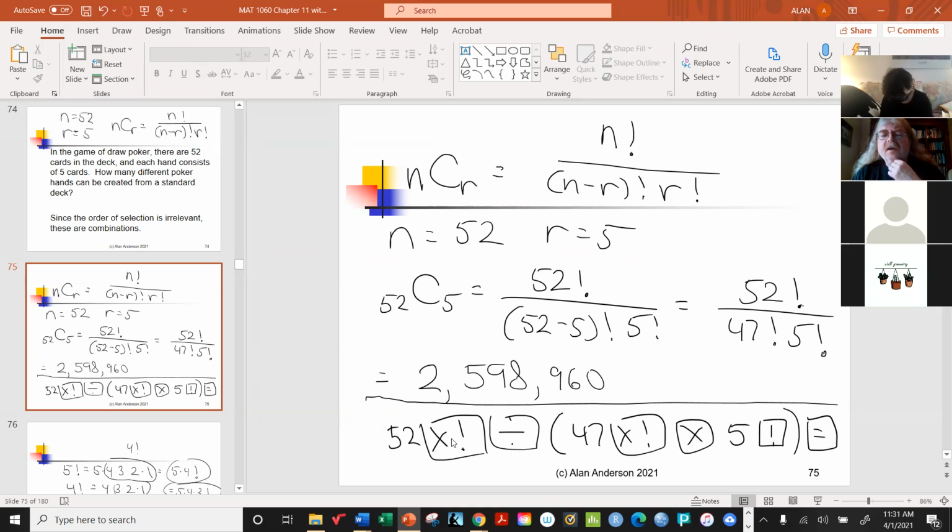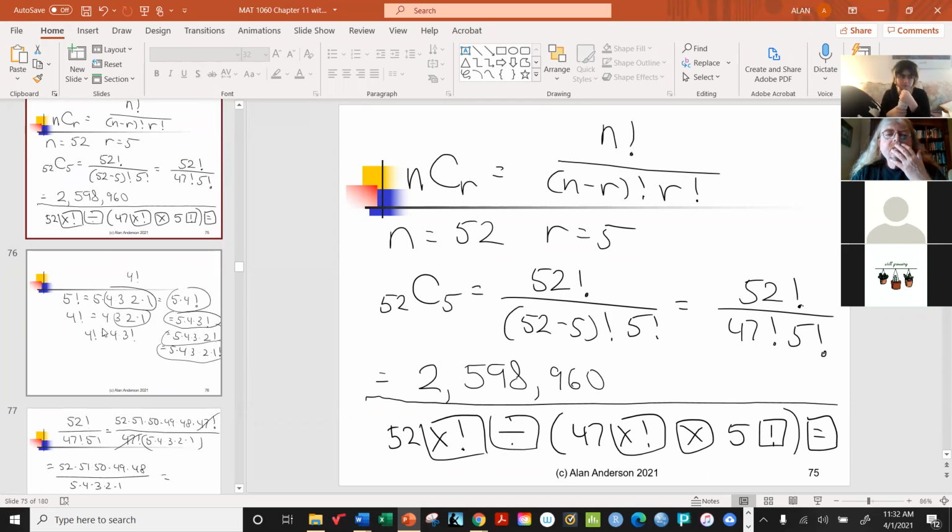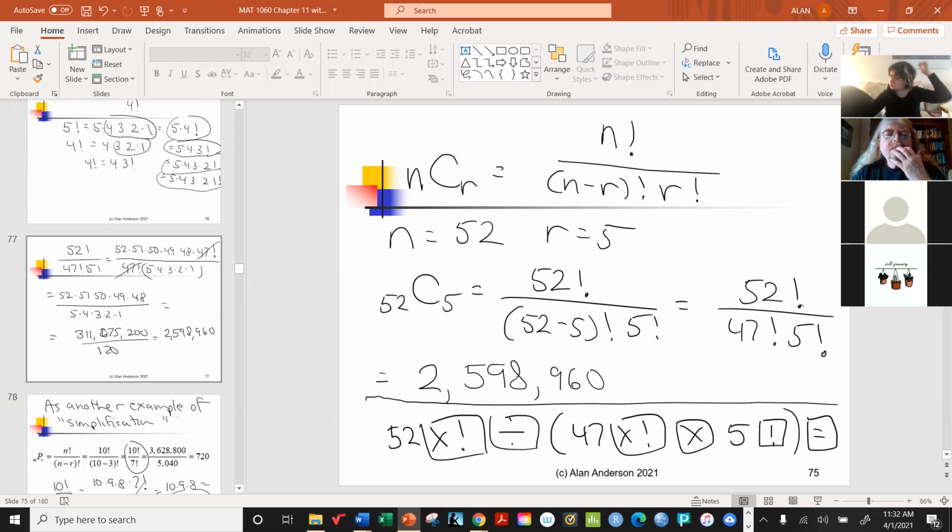We have 52 factorial, divided by, and then you must open parentheses, 47 factorial times 5 factorial, close parentheses, and equals will give you the correct answer. Plug in those numbers and make sure you're getting the right answer.